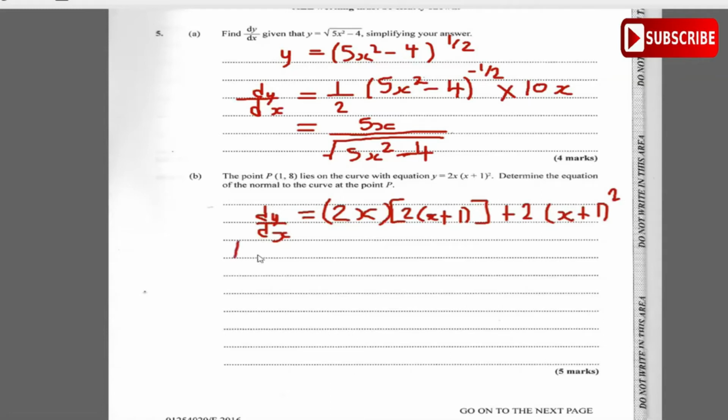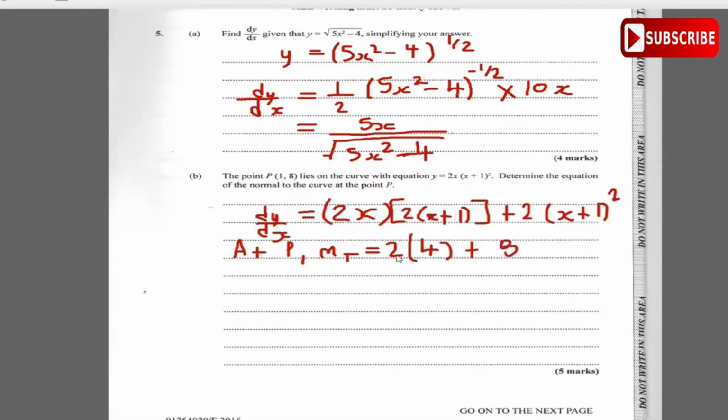So at P, we know that x is equal to 1. At P, the gradient of the tangent is going to be equal to, I plug in x as 1 to get 2 times, when x is 1, 1 plus 1 is 2, 2 times 2 is 4, so I get 2 times 4, plus 1 plus 1 is 2, 2 squared is 4, 4 times 2 is 8.